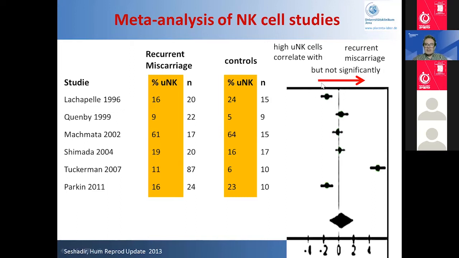It indicates elevated NK cells in case of a recurrent miscarriage, but we saw here very low numbers of cases. N is always below 100, and the results were not very stringent, but indicated increased NK cells in miscarriage.